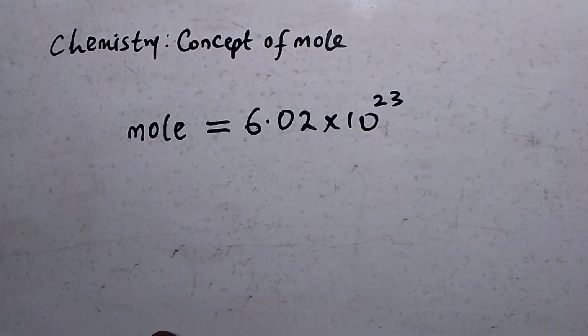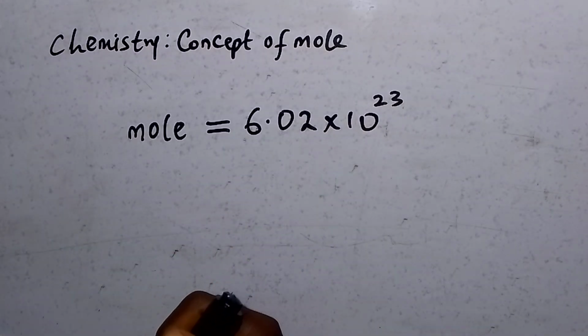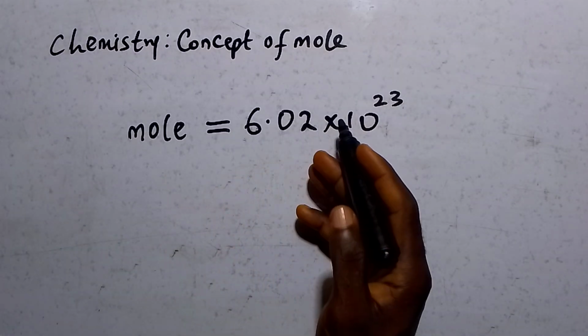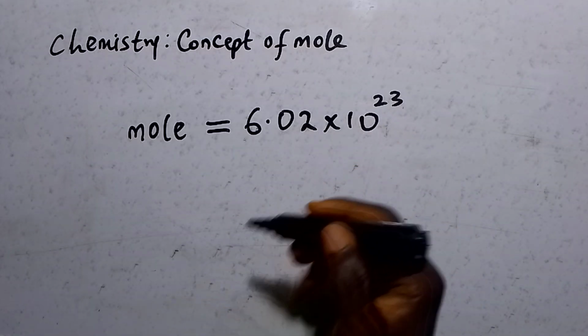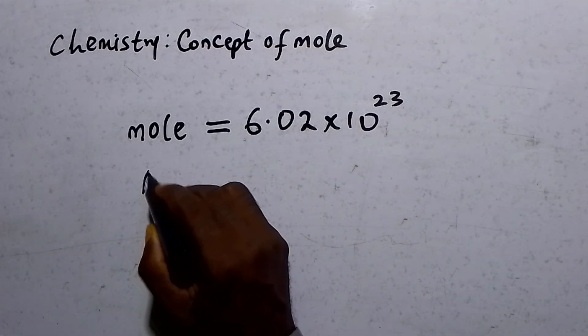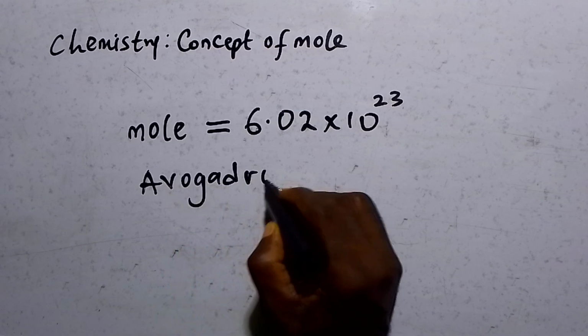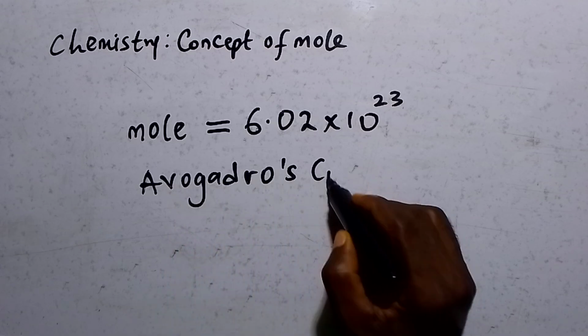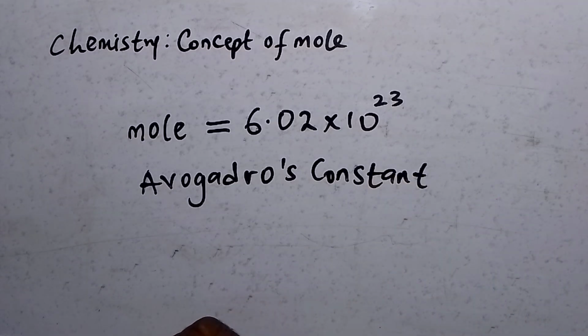Just like a dozen. When you say dozen, dozen means 12. So mole means this number, and this particular number is called Avogadro's constant.